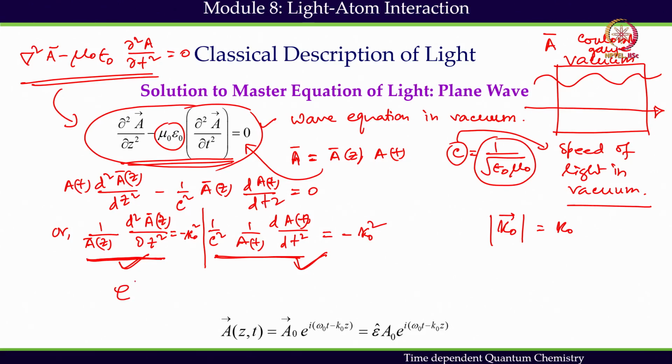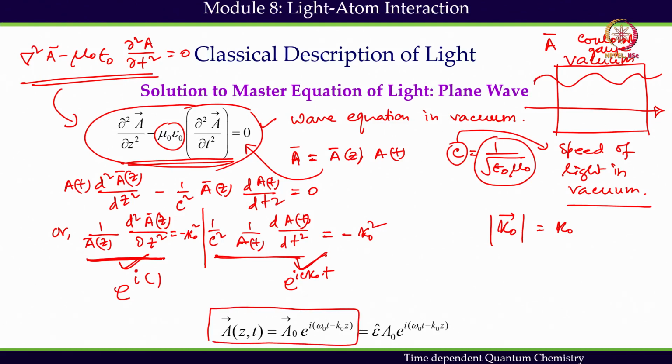Here it is going to be a complex exponential function of k naught z, and this would be a complex exponential function of k naught c t, some time dependent complex exponential function, and if we combine them together, then what I get is this general solution. This is a general solution we get for the vector potential.